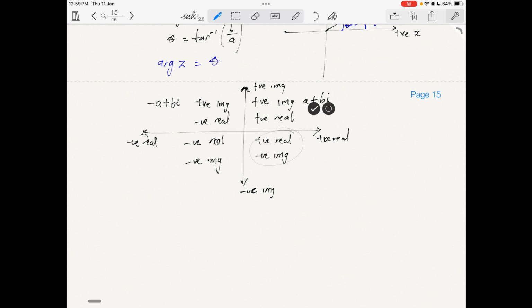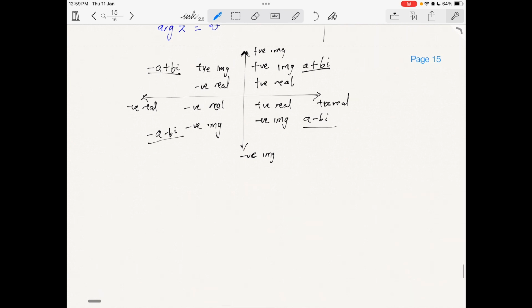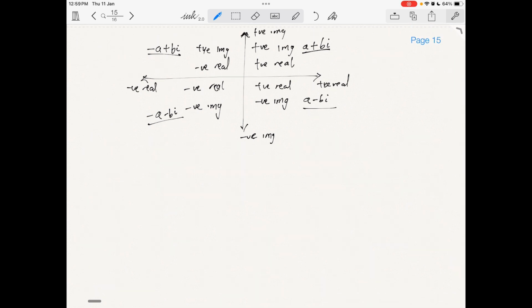Here the real number is positive a, the imaginary number is negative, that's a minus bi. Finally here the real number is negative, minus a, the imaginary is also negative, minus bi. So we have established a plus bi. Now we will take minus a plus bi, minus a minus bi, and a minus bi bit by bit. Let's go with minus a plus bi.